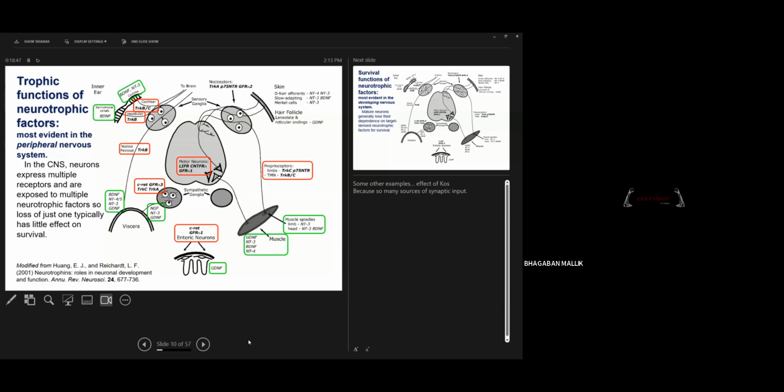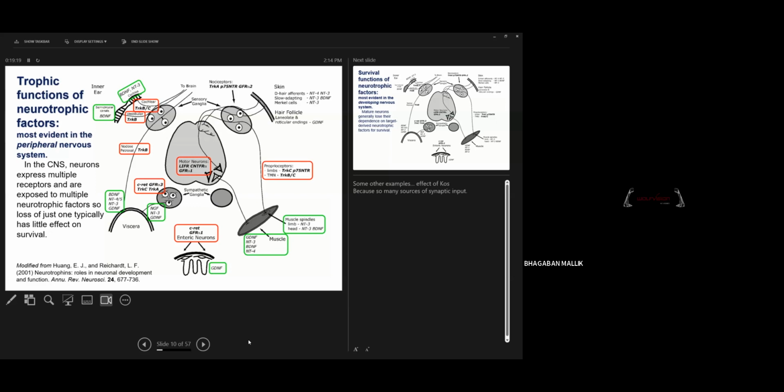Here, showing the diversity, in the enteric neuron you have receptors like GFR alpha or C-ret. In the muscle, again, you have different neurotrophins, like GDNF, NT3, BDNF, NT4. The thing is that CNS neurons, neurons in the central nervous system, express multiple receptors, and they can be exposed to multiple neurotrophic factors.